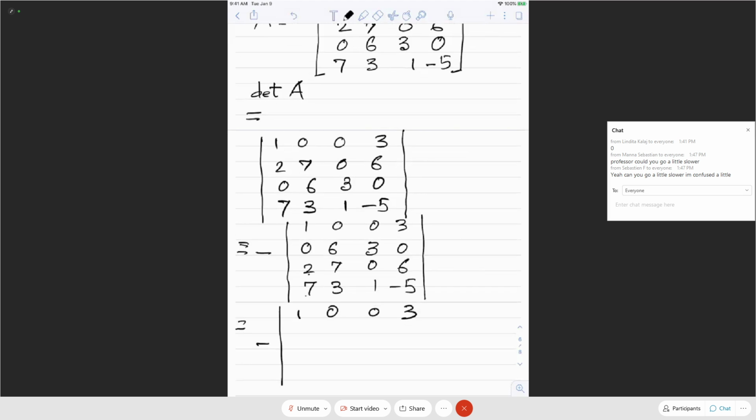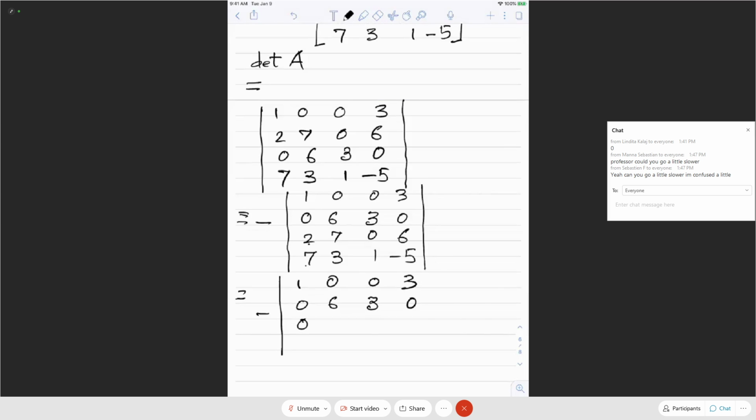Multiply the first row by minus 2, add it to the third row. Don't disturb the second row. Minus 2, so that is 0. Minus 2 times, that is 7. Minus 2 times 0, that is 0. Minus 2 times 3, minus 6, 0.